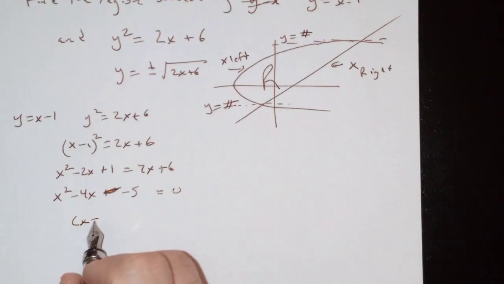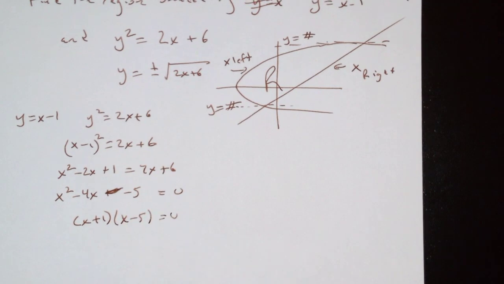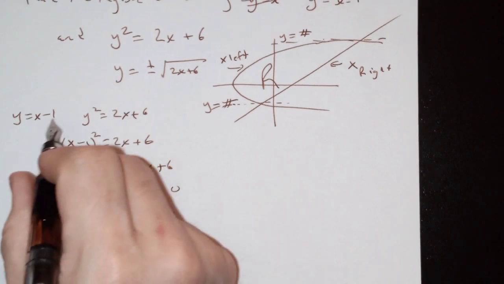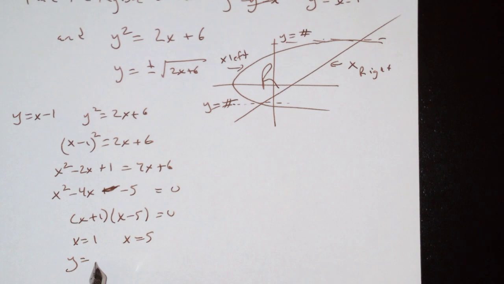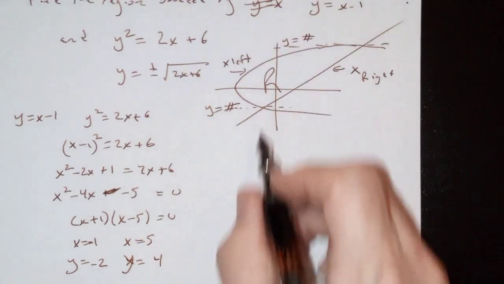So that's x plus 1, x minus 5. x equals 1, x equals 5. But if that's x equals 1 and x equals 5, that means y is equal to, for x equals negative 1, y is equal to negative 2. And for x equal to 5, y is equal to 4.